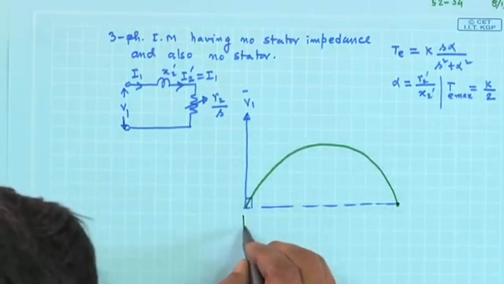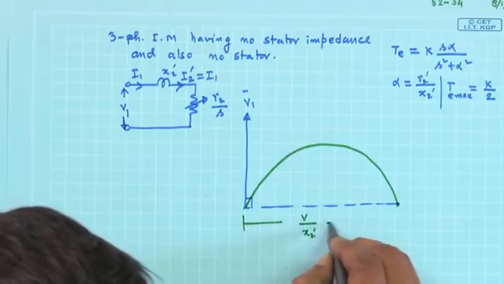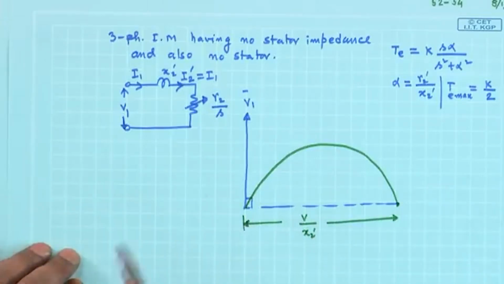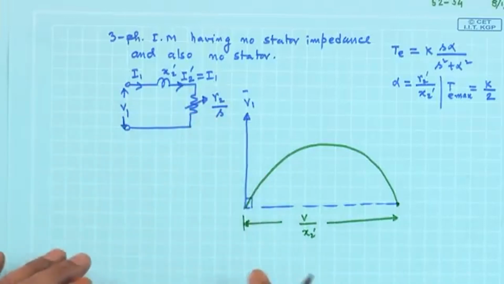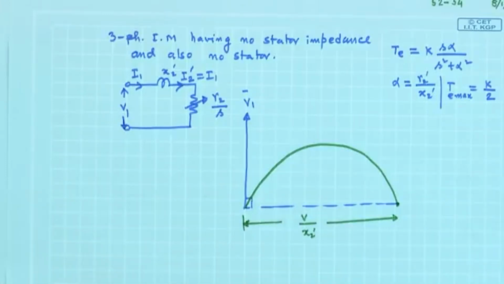So, this length is V by x 2 dashed, and depending upon the value of the slip, current phasors will be located.